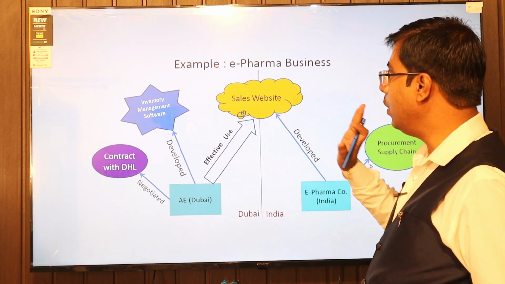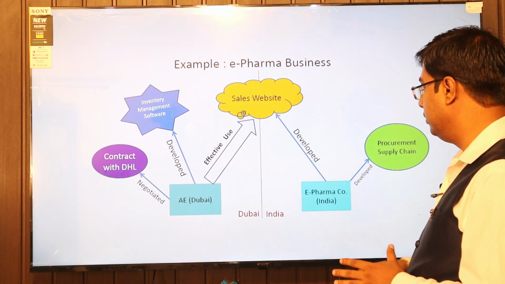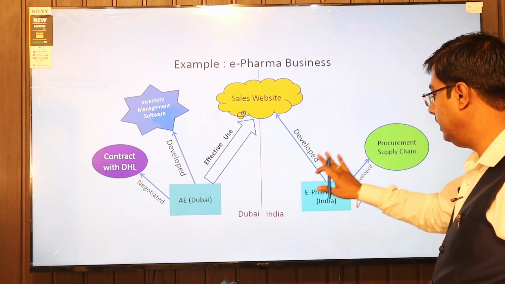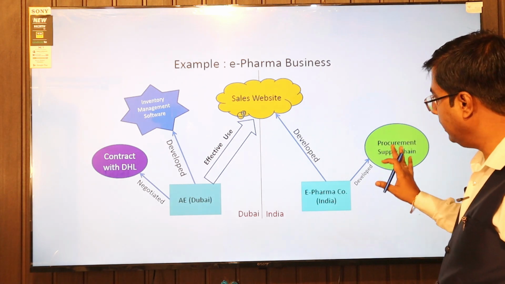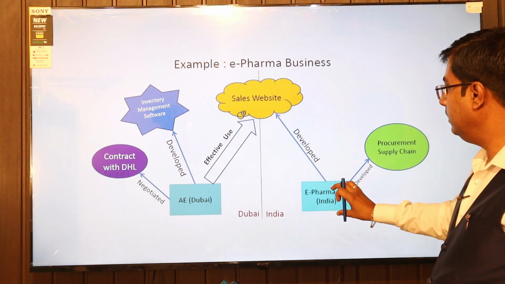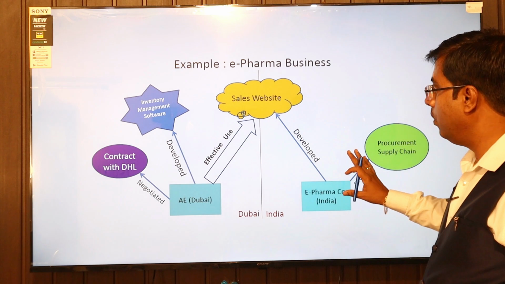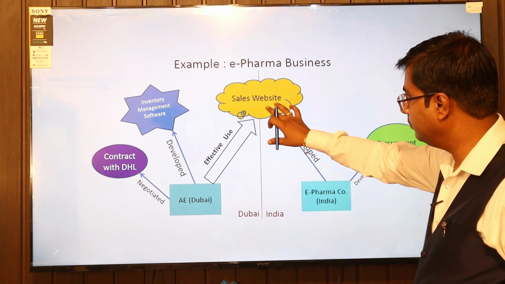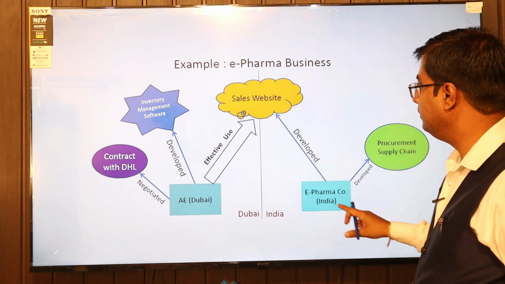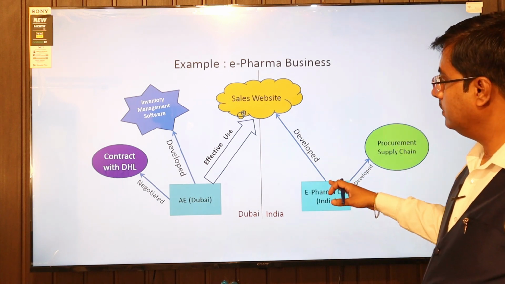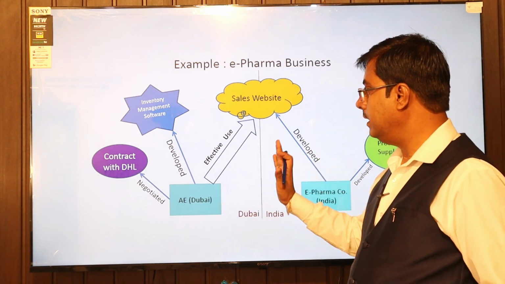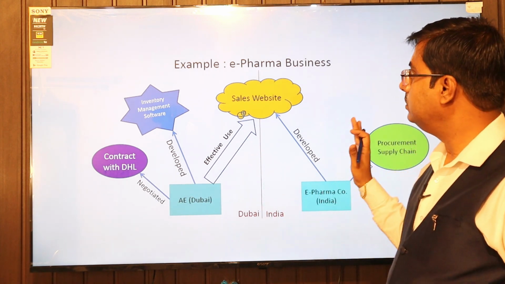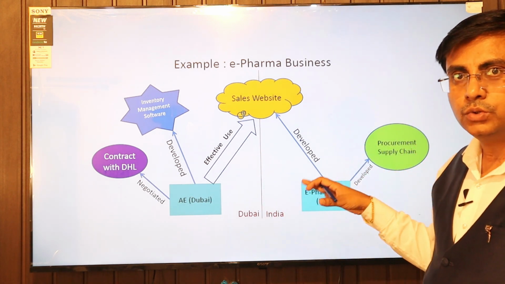This is a cloud-based website. So there is a market in India. Only the Indian entity actually purchases the medicine and sells to the customer. All customers look at this website, they place the order, and only here they maintain the website. So this typical scenario is also covered under TP.